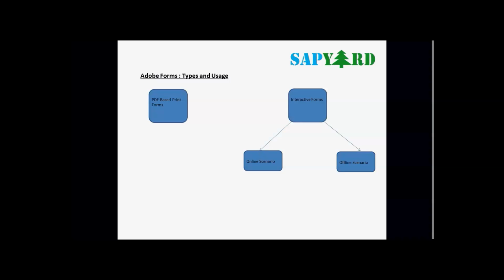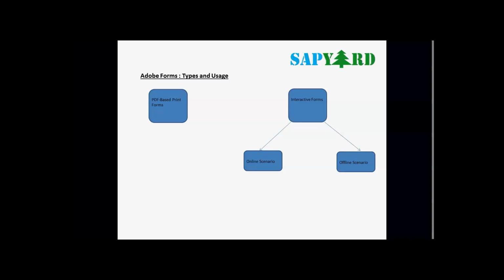And then the other scenario is an offline scenario, where, as the name suggests, the end user will never be directly logged into the SAP system or SAP applications. One offline scenario can be understood like this: you have created an interactive Adobe form, you attach it to an email and send it to the end customer. Then the end customer opens that PDF on their local machine, fills in the required input data in the form, saves it on their local machine, and then sends it back to the sender of that email.